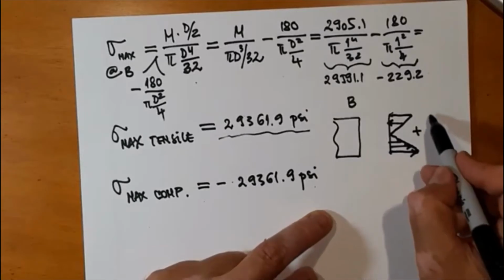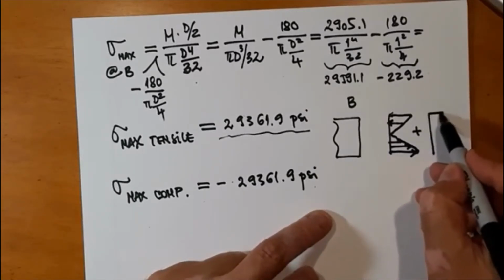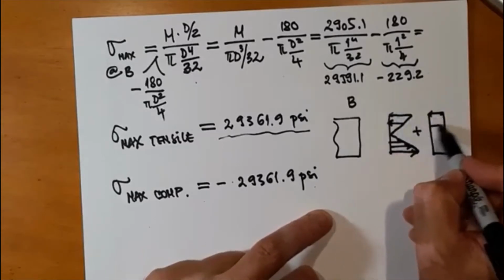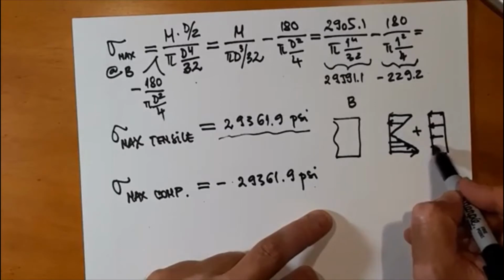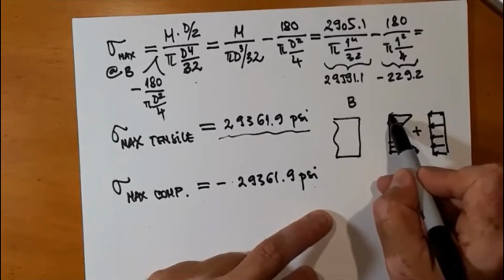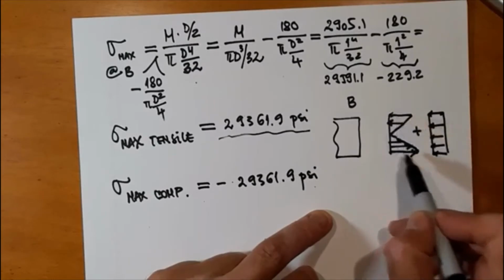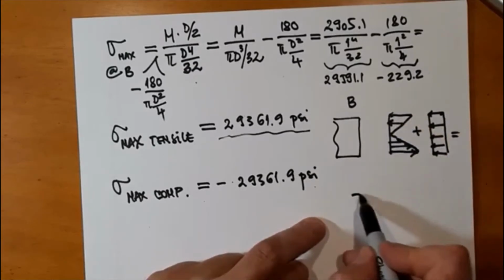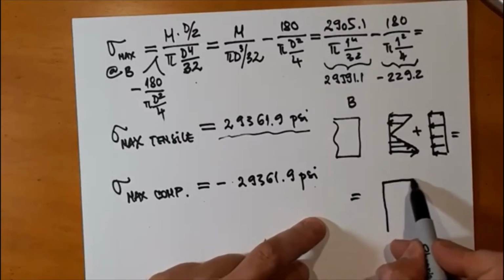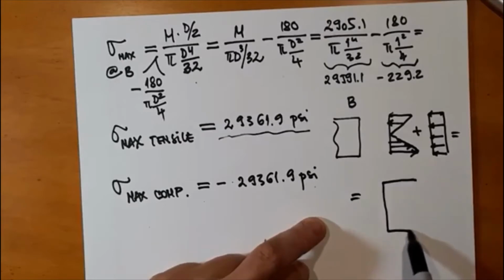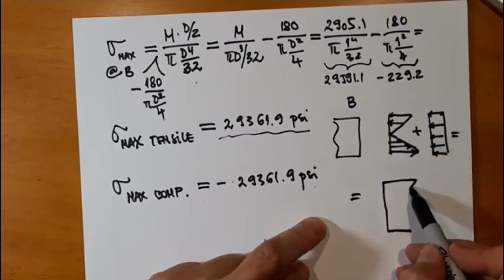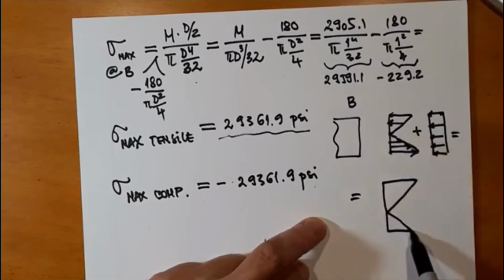And to this, I'm adding the compressive stress caused by the axial force. It points towards the section, so it's a compressive stress. It's added to this and subtracted from this. The result is an increased compression and a decreased tension. The zero stress at the neutral axis is going to be moved below.